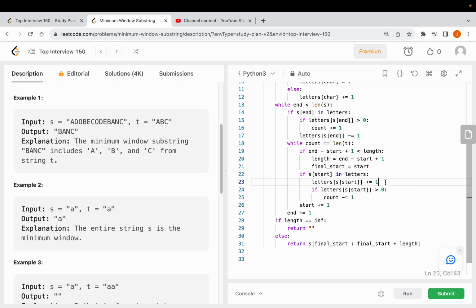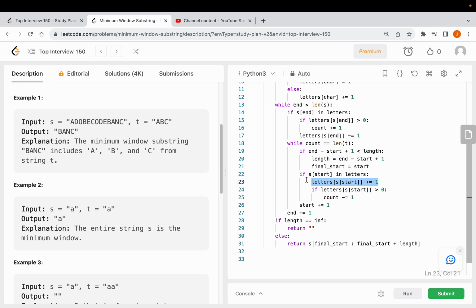That's why we are incrementing, because we removed it from our window. So if we needed that A and now it's gone, we need that A again. So we need to increment the frequency, because this dictionary is telling us how many times we still need this letter. So that explains this part.